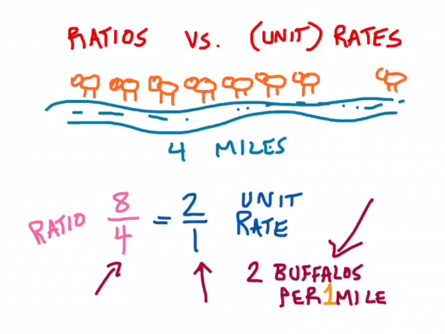Because sometimes we'll have a unit rate and we'll want to use it to find other information. Because unit rates can be really, really useful for helping us solve problems, but we do have to recognize that it's always out of 1. So in this case, if you say 2 buffaloes per mile, that's 2 buffaloes for 1 mile. If I said 8 cookies per student, that's 8 cookies per 1 student.